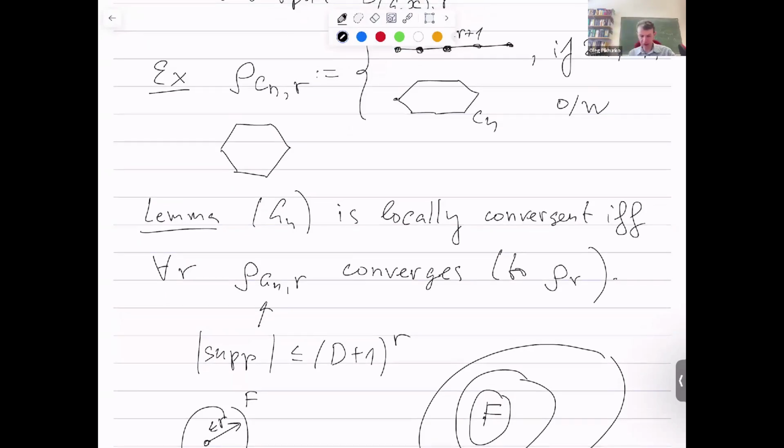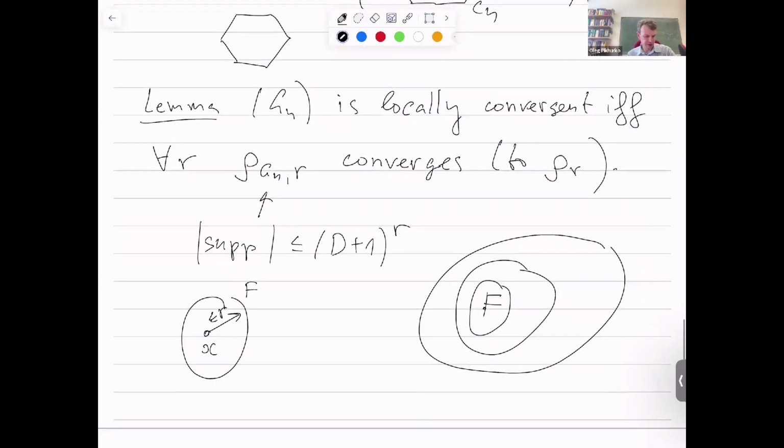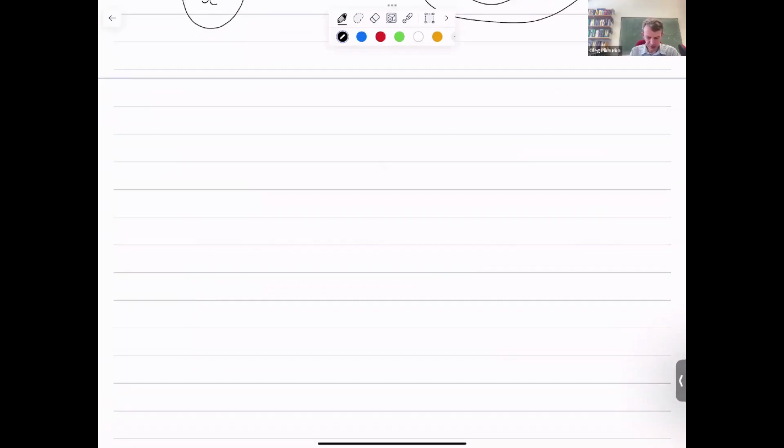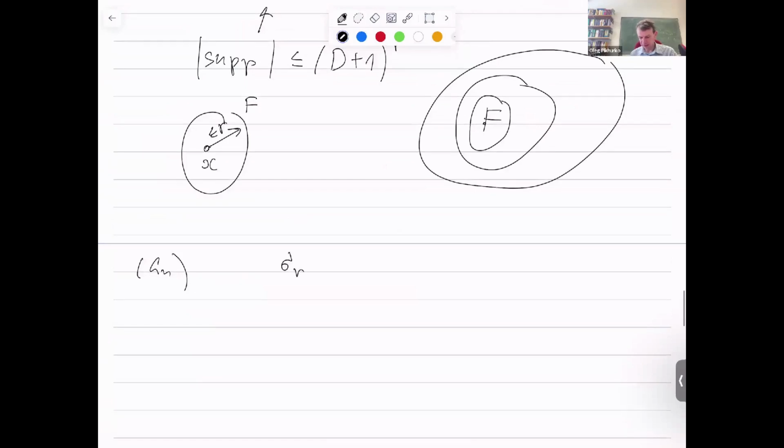So now I would like to give some examples. Let's draw a table. First I have some sequence Gn. Then I have this sigma r. And why is it this rho r? Why are these statistics more convenient? In some sense, each one contains more information.